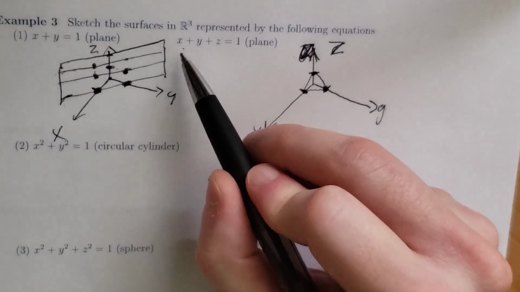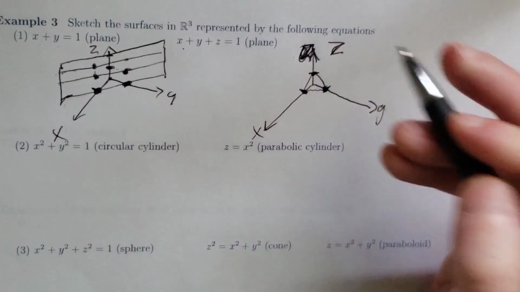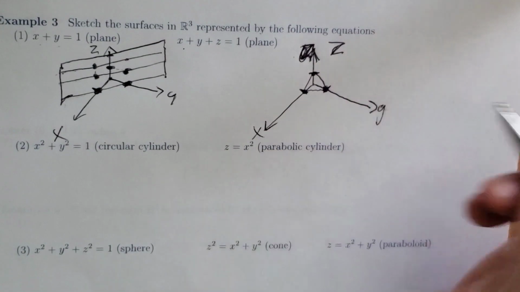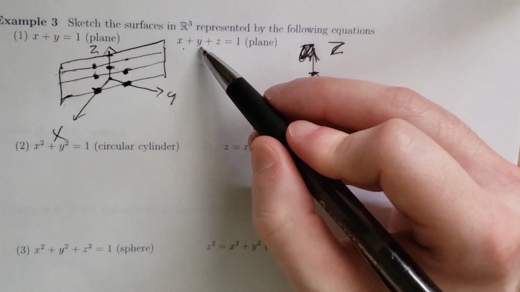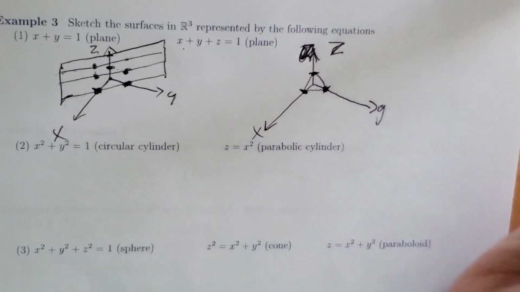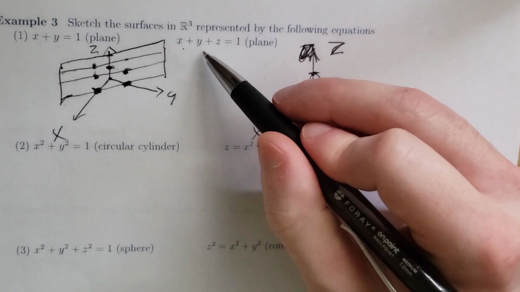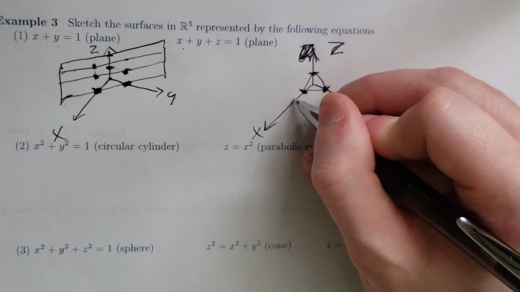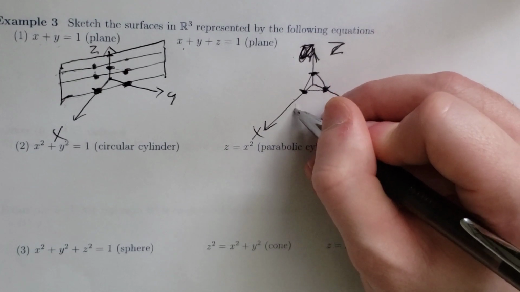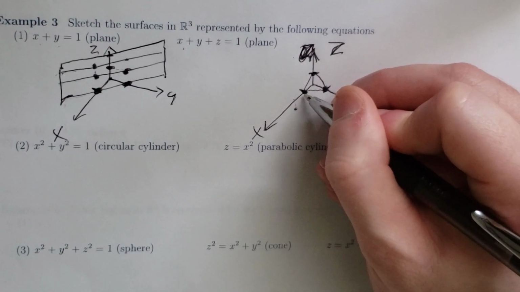And let's see if we get a few more. What happens if x is 2? And suppose y is 0. If x is 2, y is 0, that means z is negative 1. So x is 2, y is 0, so we don't move left or right, and then z is negative 1, so we're down here.